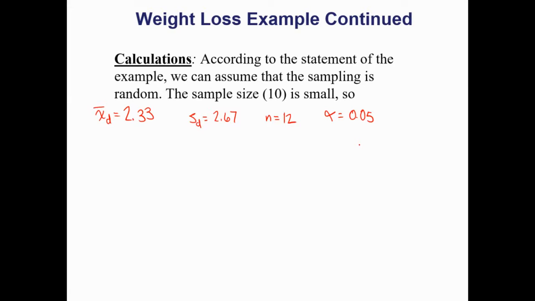Okay, so we don't need it to calculate the test statistic. We will need it here in a second though. Based on our N, what's our degrees of freedom? 11. I'm sorry. So we're back at the N-1 for this section, yes.